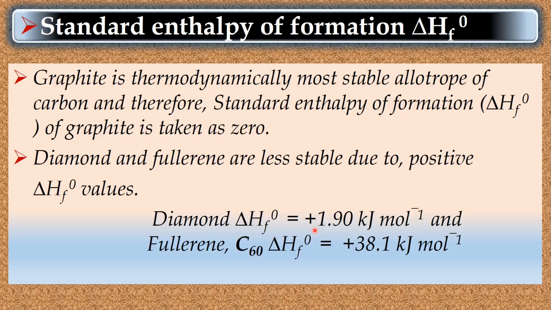Here diamond has positive value 1.90 kilojoules per mole, and fullerene has positive value plus 38.1 kilojoules per mole. So that's why these are less stable.